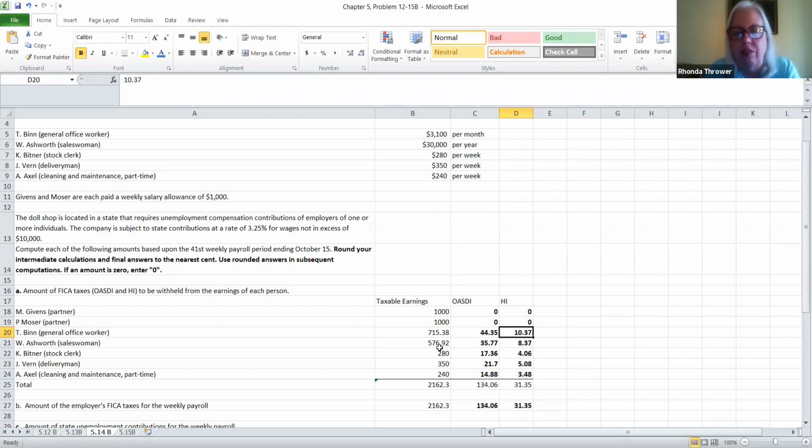So basically, they've given you the weekly taxable earnings, and you had to figure the OASDI and the HI taxes, remembering that none of these employees would make over the ceiling for OASDI and HI taxes.